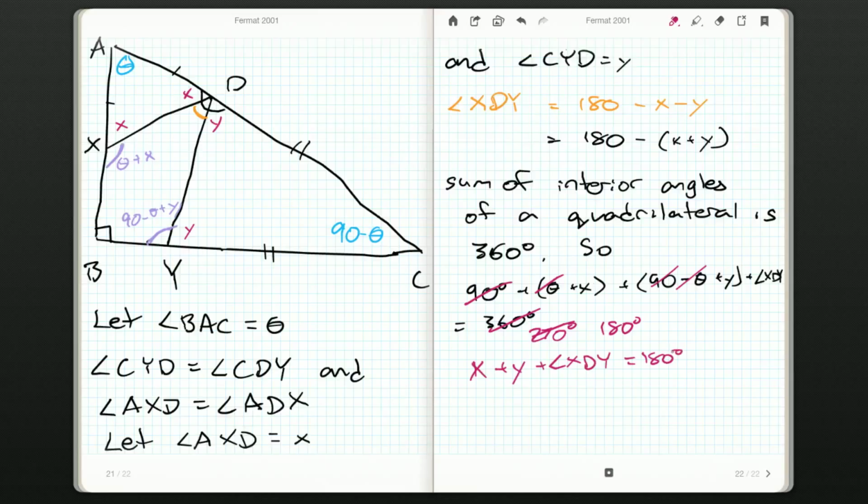Okay, so I made a bit of a mistake. I jumped ahead too quickly and gave x and y names. I could work them out in terms of theta. There's my mistake. So I know that x plus theta is equal to 180 degrees. You know what? We're just going to clear off this whole page because I don't need it.